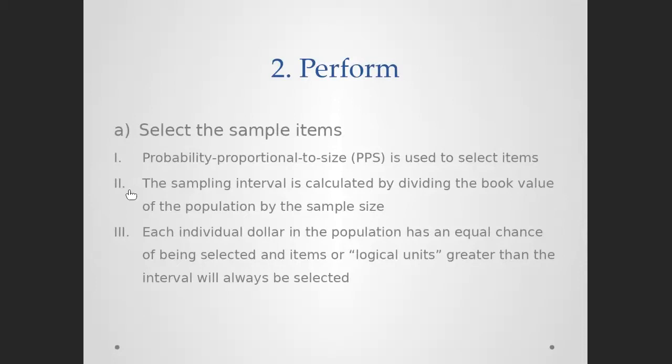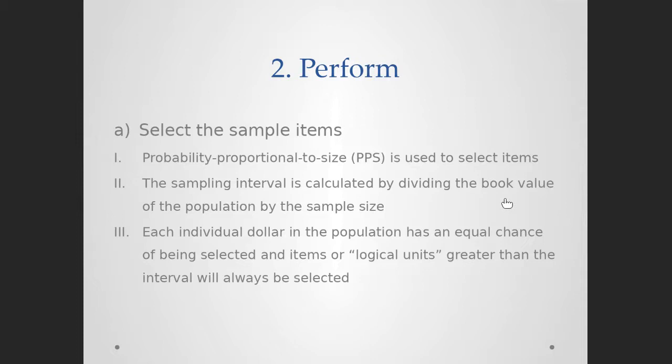The second point is the sampling interval is calculated by dividing the book value of the population by the sample items. So let's say you have the population book value of 300,000 and sample size is 100.